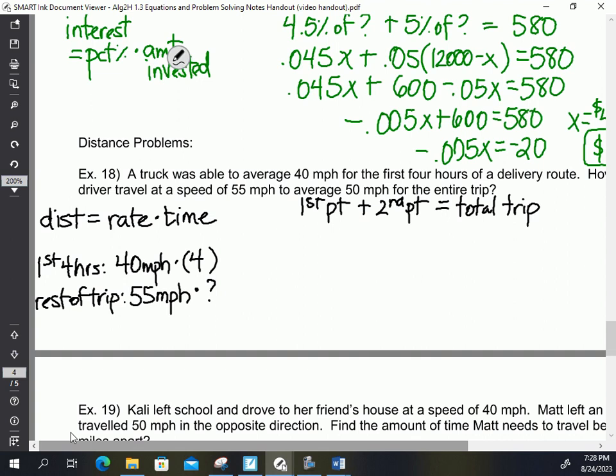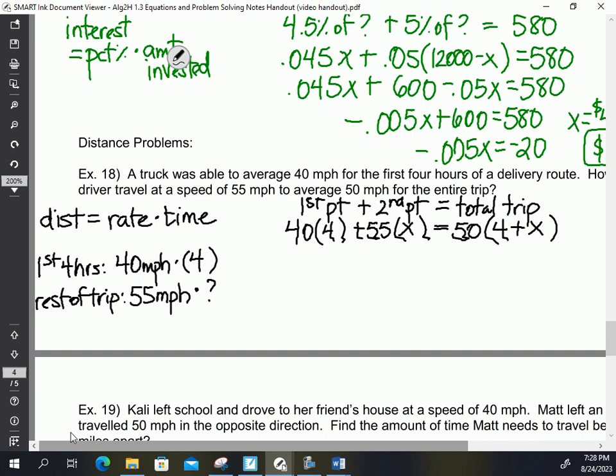The first part of the trip was 40 miles per hour times 4 hours. Pretty straightforward. Second part of the trip, 55 miles per hour times some unknown amount of time. If you put it together, you want 50 miles per hour, and the length of time is 4 plus x, or 4 plus t, whatever variable you choose.